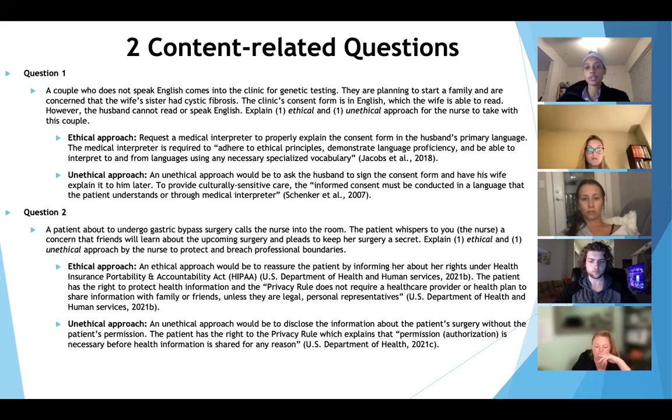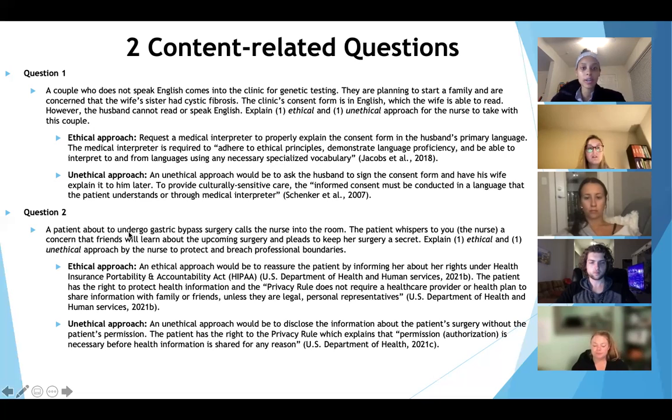Your wife can explain it to you later. Because in that case, we are not doing our full duty of making sure the patient is informed, and we're passing off a responsibility that we shouldn't be to the wife. And so again, we want to make sure we're providing culturally sensitive care and making sure that informed consent is conducted in a language the patient understands. So informed consent is very important.